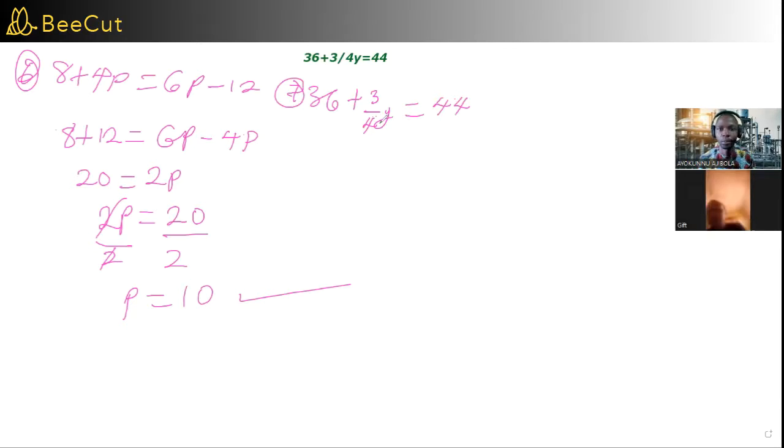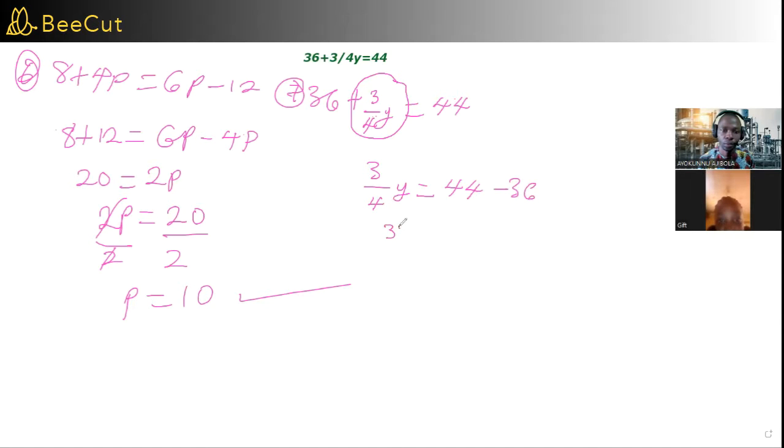The same method you have been following. This is going to be treated as a whole because this one doesn't have any y. So you leave it there. That will be 3 over 4 of y equal to 44. And the 36 is positive, it's going to become negative.